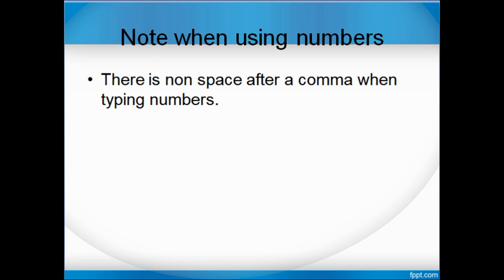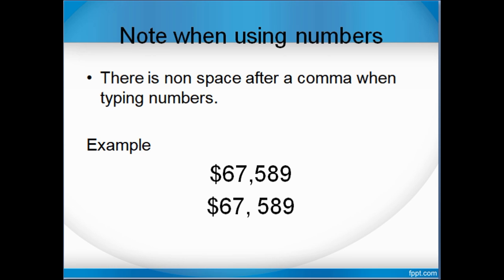Now there's a note when using a comma with numbers. There is no space after a comma when typing numbers. Let's look at the example here. We have $67,589. How do we know where to put a comma?